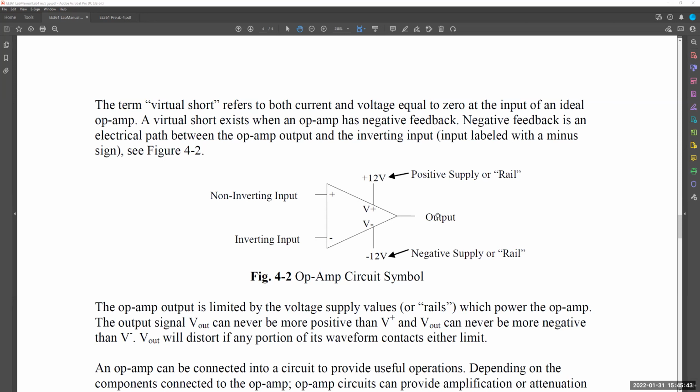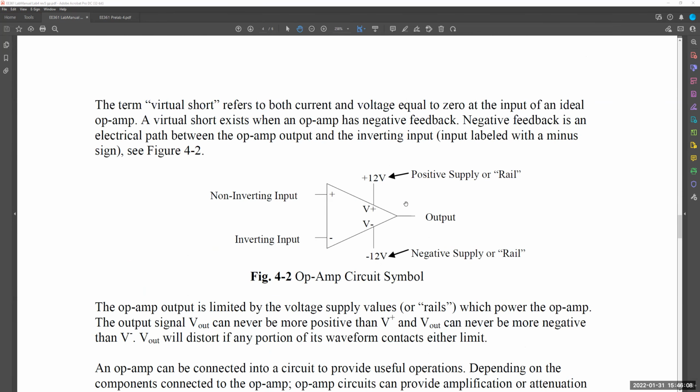So the output of an inverting input is basically 180 degrees out of phase. And then op amps are usually operated in a feedback mode. Usually it's a negative feedback, meaning the output is fed back into the inverting input, and the negative feedback has the effect of reducing the output.